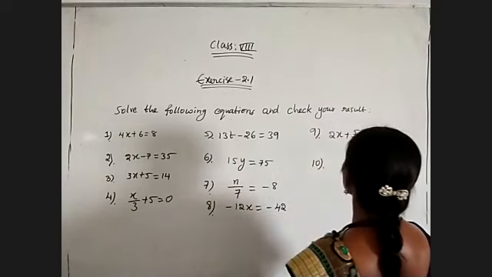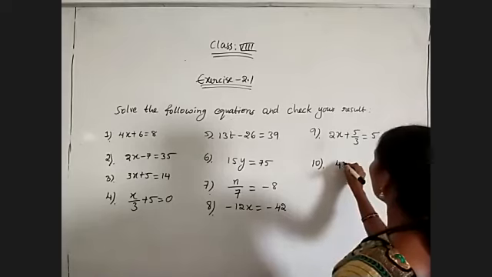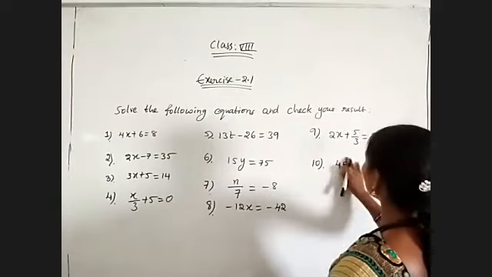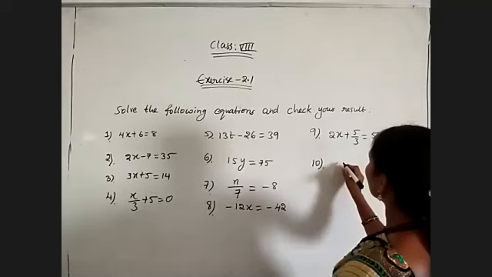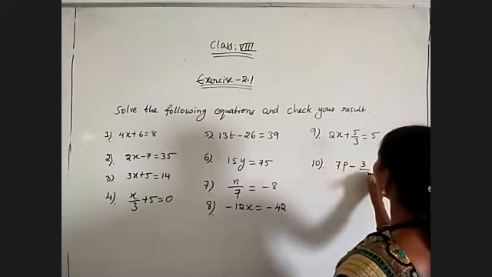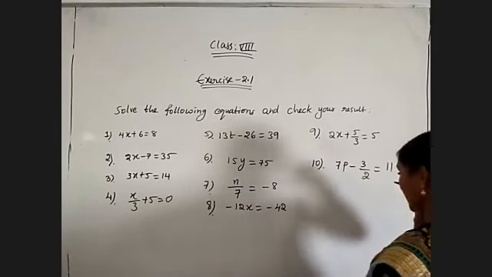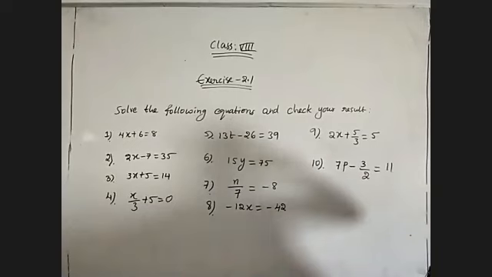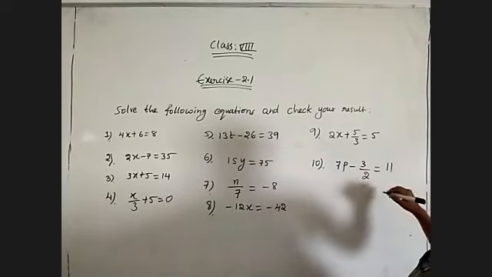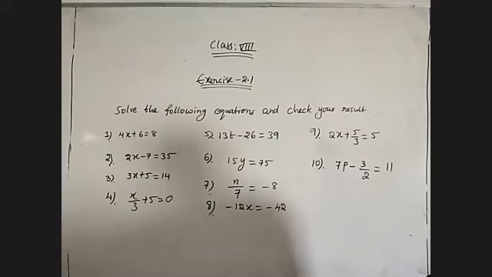And the 10th question is, for p, 7p minus 3 by 2 is equal to 11. Okay. So these 10 problems, solve yourself and check the results also.